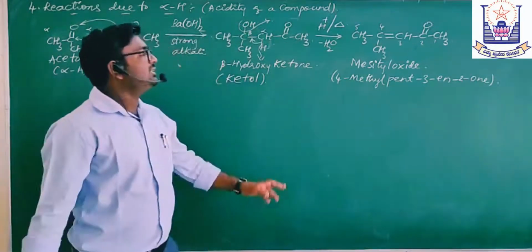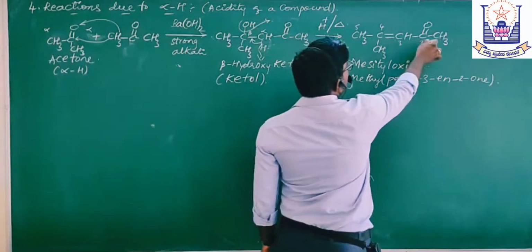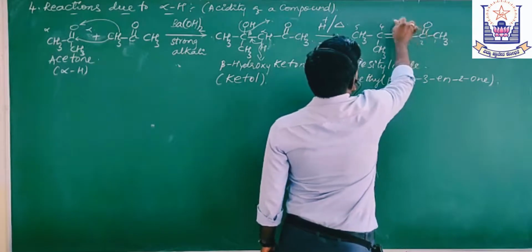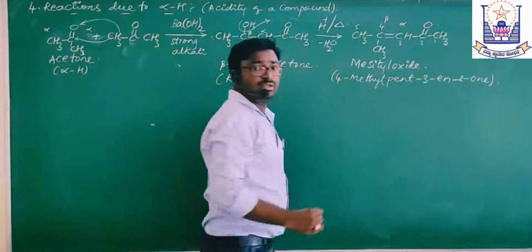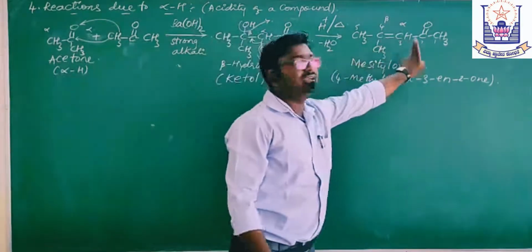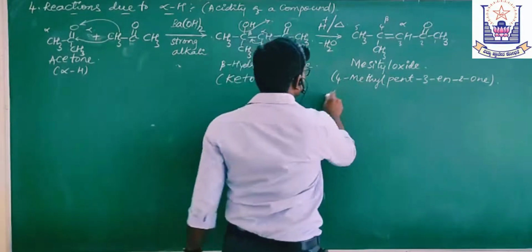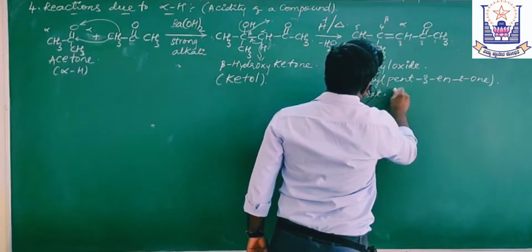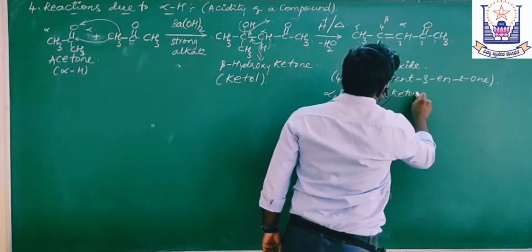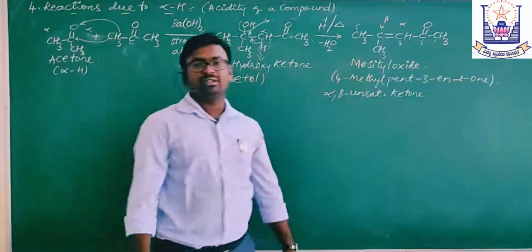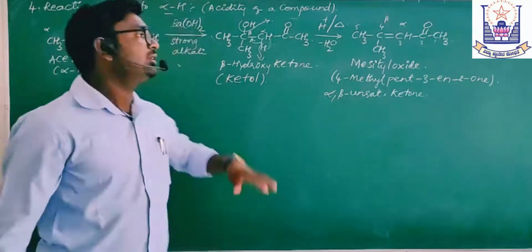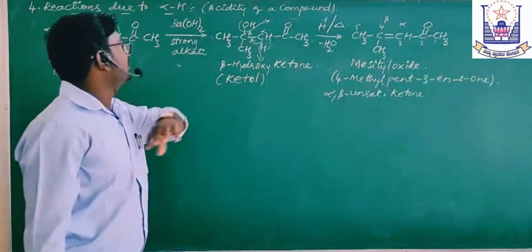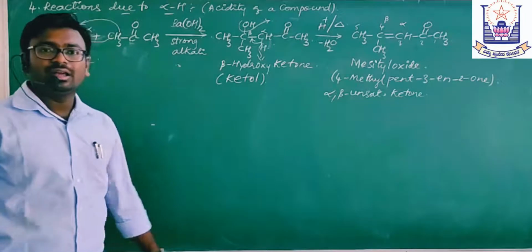With respect to this carbonyl, this is alpha, this is beta. It is also an alpha beta unsaturated ketone. These are the products. This is all about the aldol condensation.